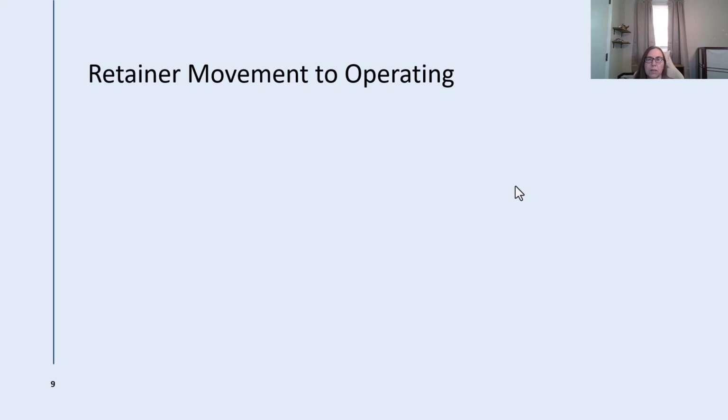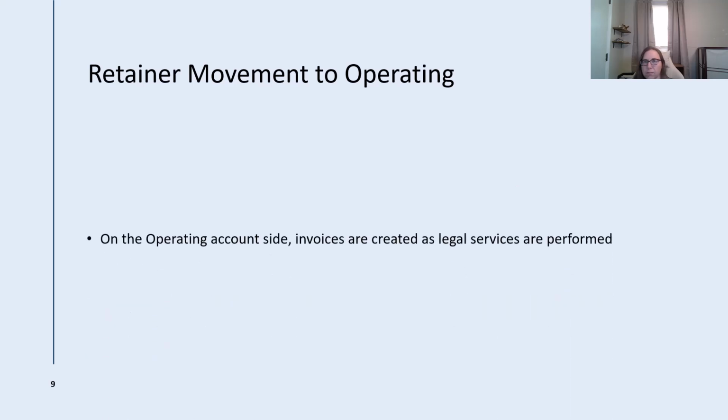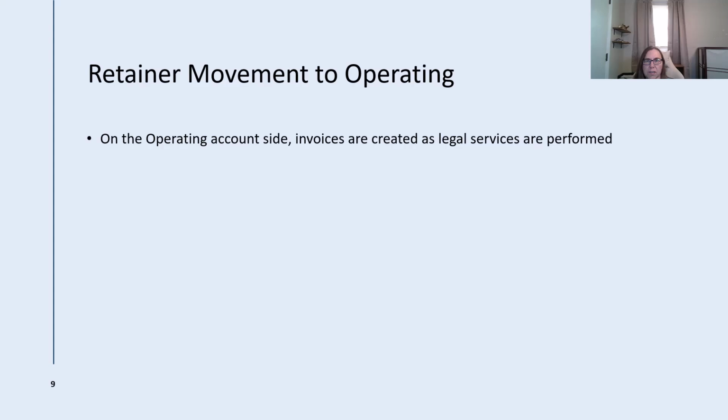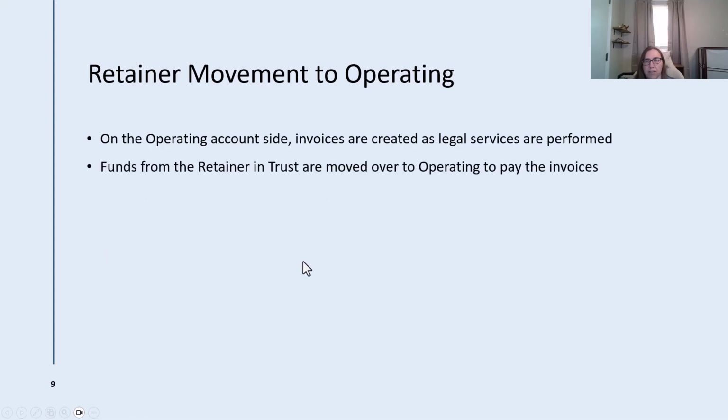This is going to work in a similar or the same way as any other company that you do accounting for. On the operating account side, invoices are typically created as the legal services are performed. Just like any other company, the invoices are created, sent to the customer, and the customer is expected to make sure that invoice is paid. Now, in this case, the customer would have a retainer balance.